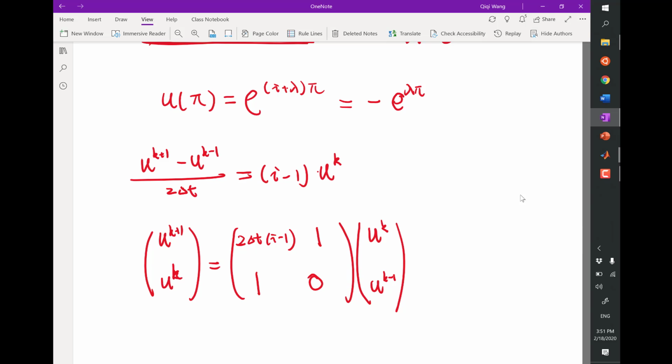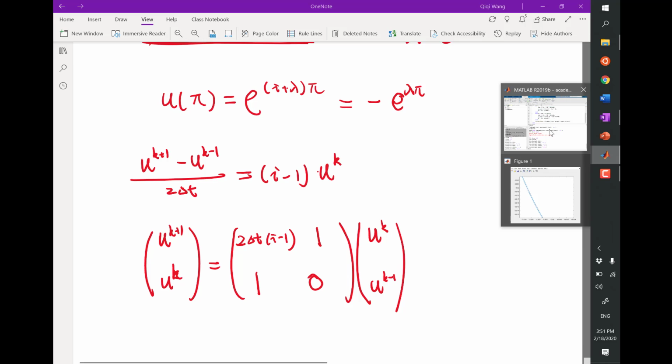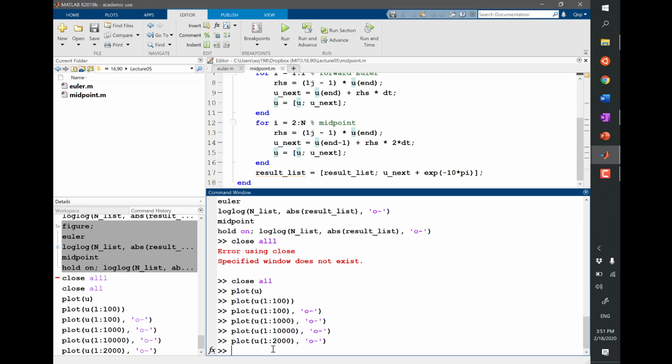Can somebody tell me the eigenvalue of this matrix? Of course, I can't just by looking at the matrix. So why don't we invoke MATLAB and ask it to tell me the eigenvalue of this matrix.